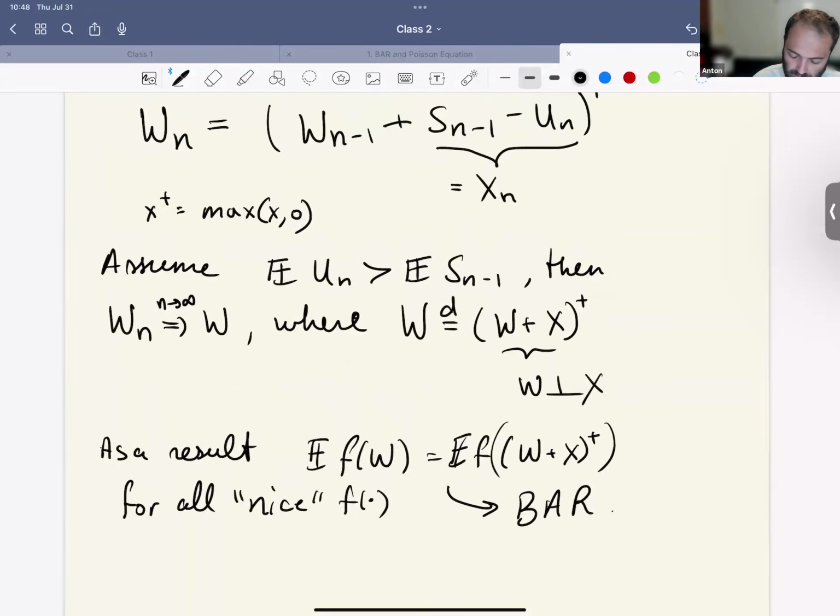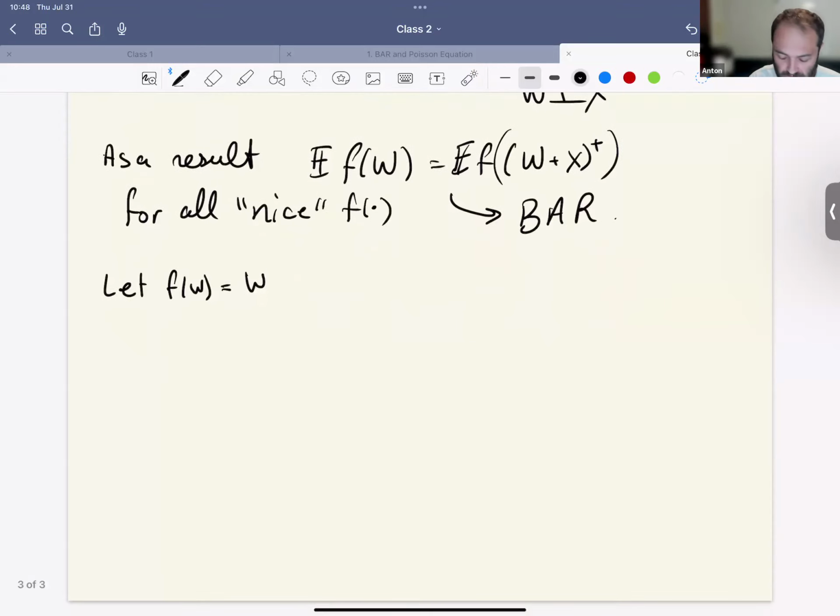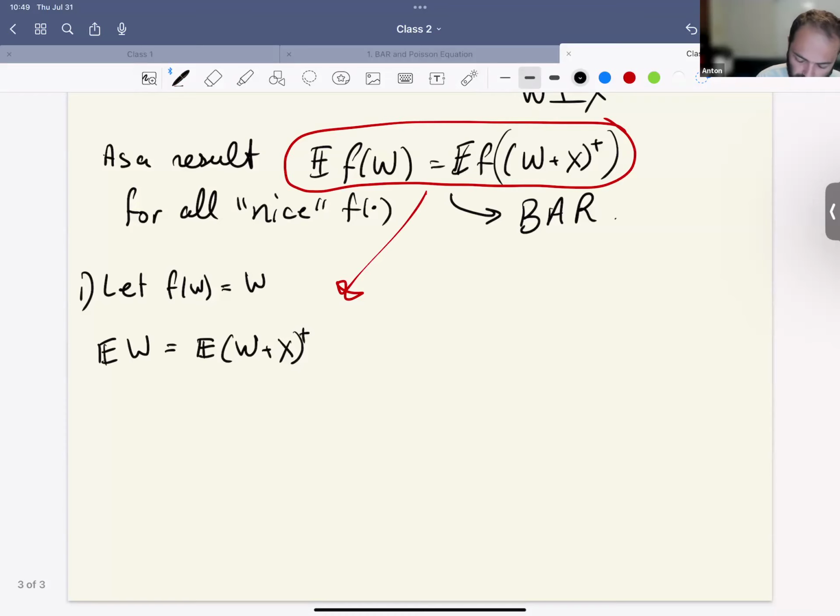Okay, so let f(W) be W, because the linear test function did give us something useful. Expected value of W. So now I just want to use this BAR and see what it gives us. Expected value of W equals expected value of (W plus X) plus.